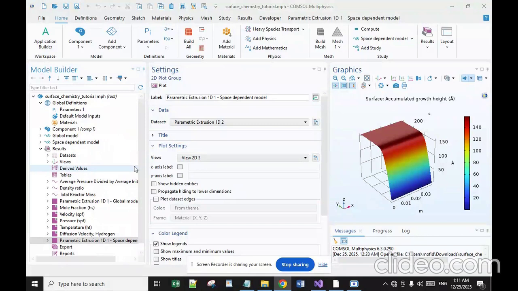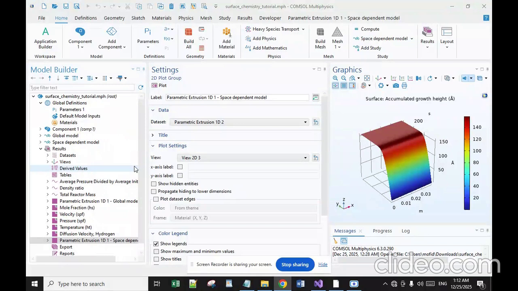For this particular physical system, the results from the global model and the space-dependent model are in very good agreement. The y component of the mass average velocity is plotted in this simulation. The mass average velocity is negative at the surface of the wafer.